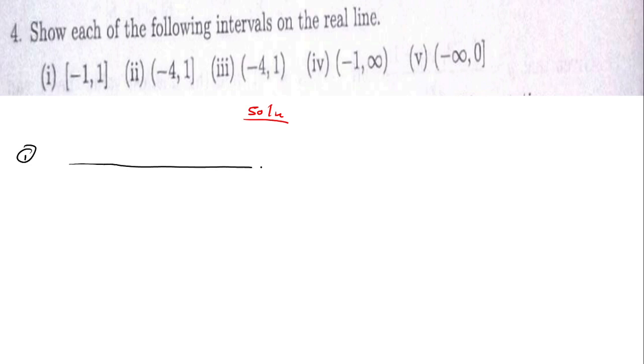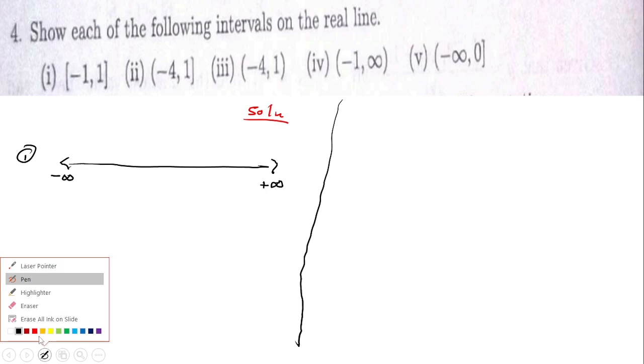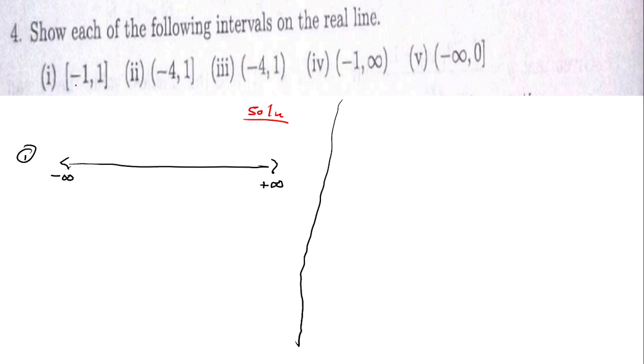Let's assume that the universal set is the set of real numbers. So we are starting from negative infinity to positive infinity. Once we do that, we can represent this given set on a number line such that we put a 0 as a demarcation of negatives and positives.